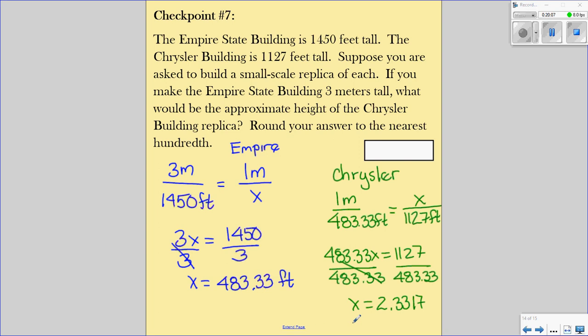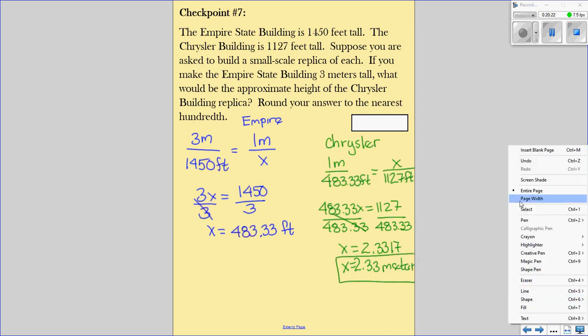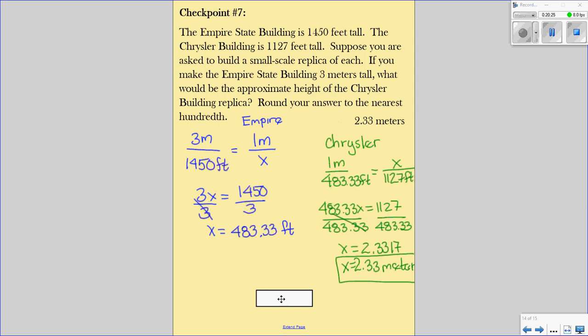So that means my x will be 2.33 meters. That's how tall my model is going to be for the Chrysler Building. There you go. So it's mostly a two-step problem. Again, if you have the actual sizes of the buildings and you built a model, you use that scale to do the other building. So that's what this problem was about.